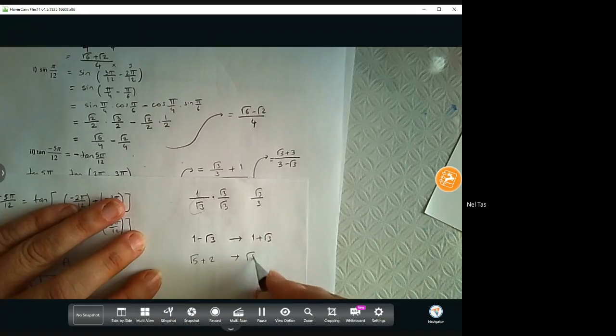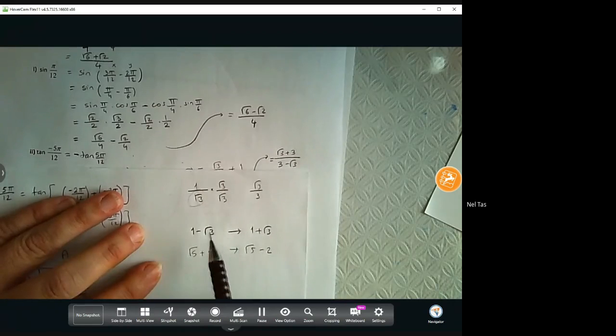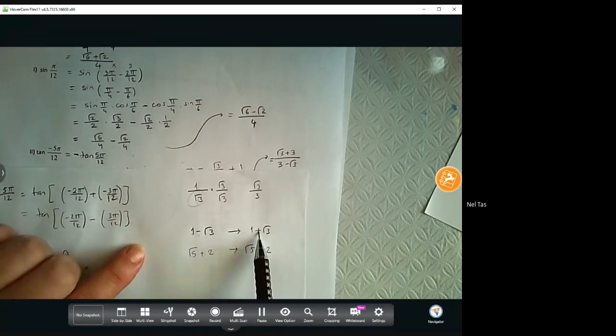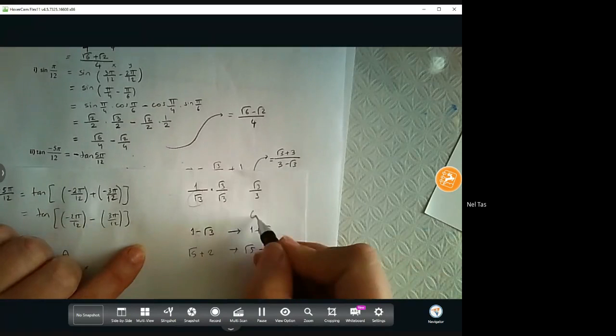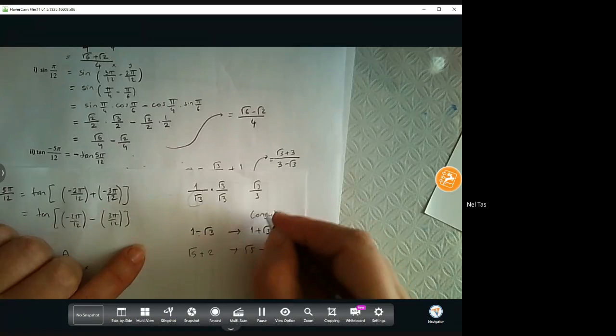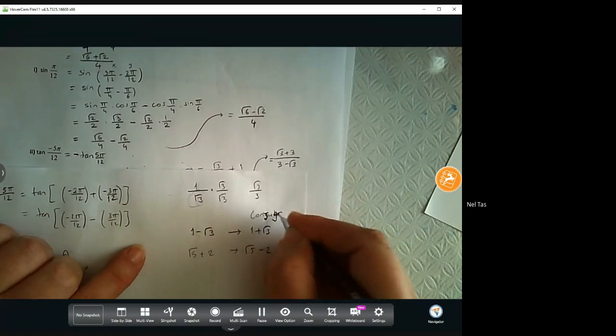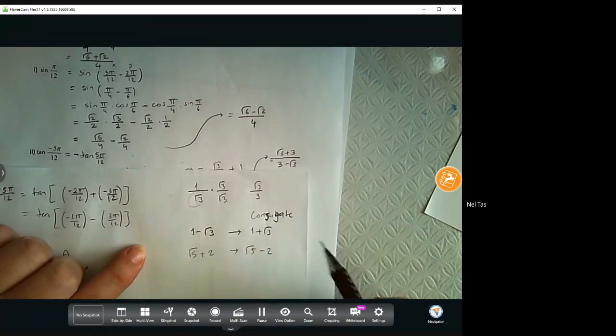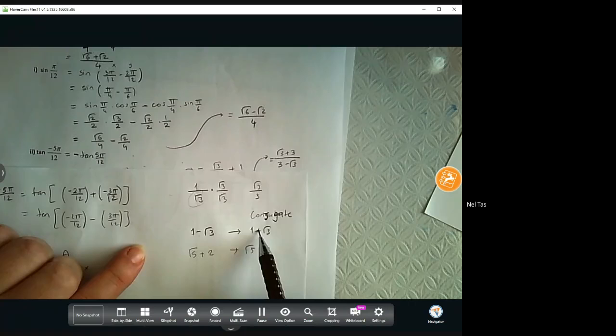The conjugate would be root 5 minus 2. So basically, you are using exactly the same two numbers when you are writing the conjugate, but one with a negative sign and one with a positive sign.